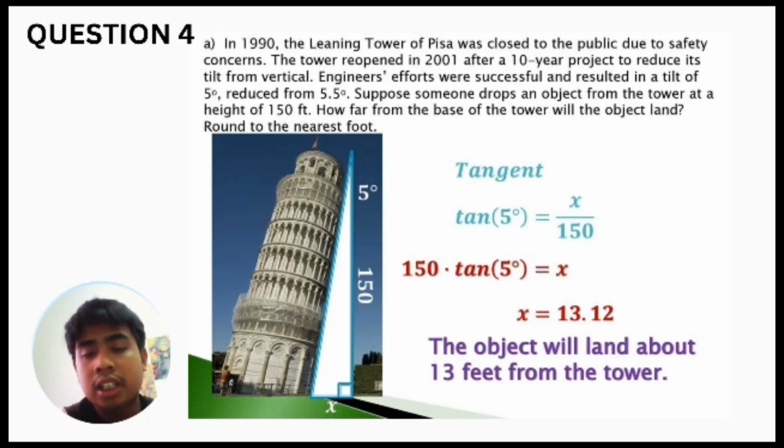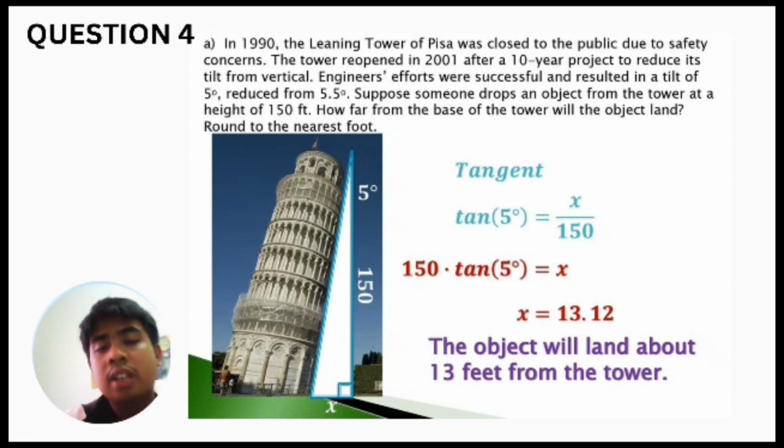If we look at the triangle that we get, we can use the tangent, because we only have the adjacent side and also the 5 degree angle from the tower itself, as we don't have the distance from the base of the tower to the landing of the object. So now we can use tangent 5 degrees, as we already have the angle.